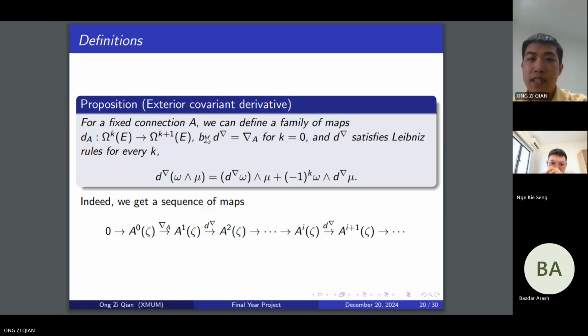And we have defined already what a connection and principal connection are. Then we can extend the connection to a family of maps, and if it satisfies the Leibniz rule, we get a sequence.